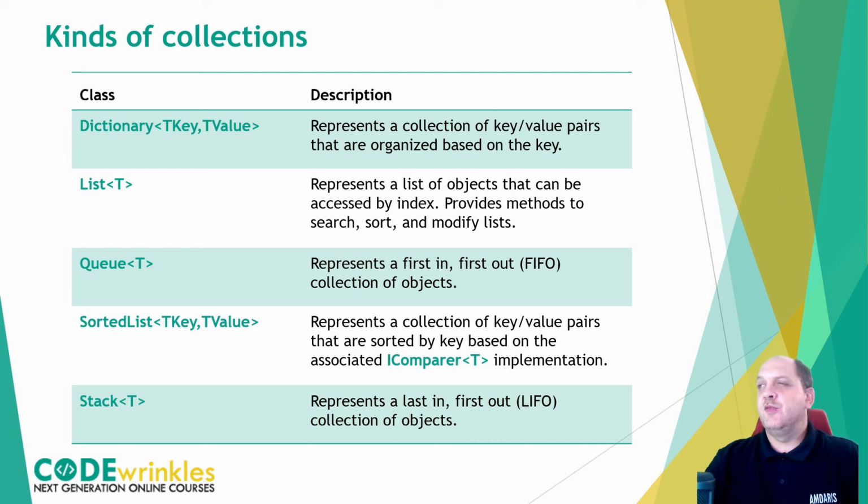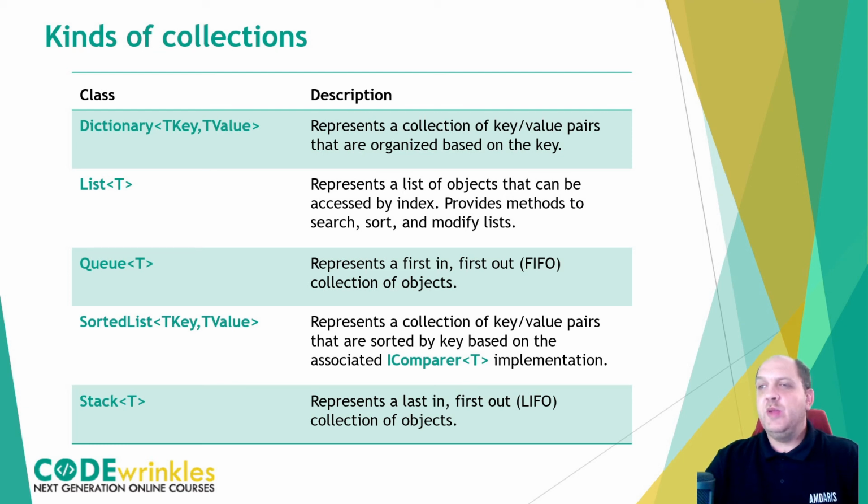The list is a very simple representation of a group of objects that can be accessed by index, and it provides us methods or functionality to sort, search, and modify the list. This is one other very nice thing about lists and collections in general, that they usually also provide methods for sorting and ordering, which on arrays actually don't happen by default.